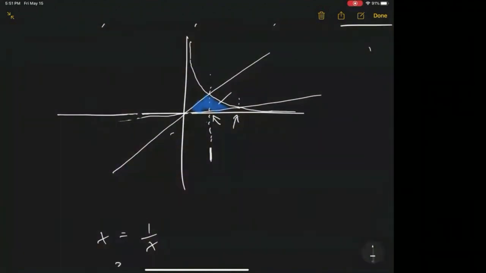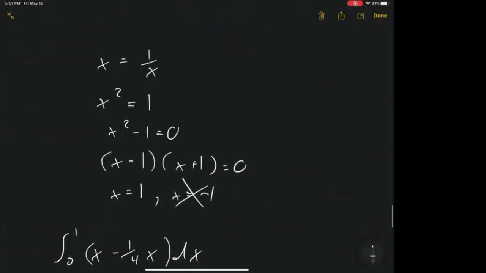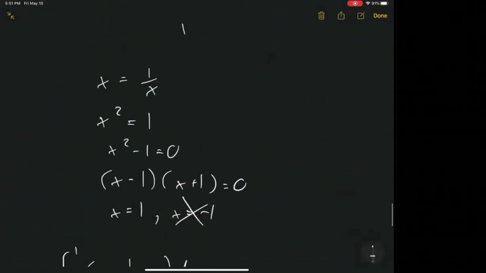I need to find where y equals 1 over x intersects this line, y equals 1/4 x. So I'll just do that right here. I'm going to set 1 over x equal to 1/4 x and solve.